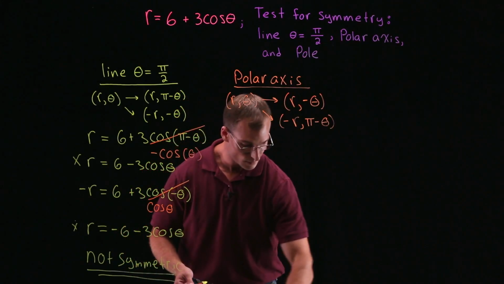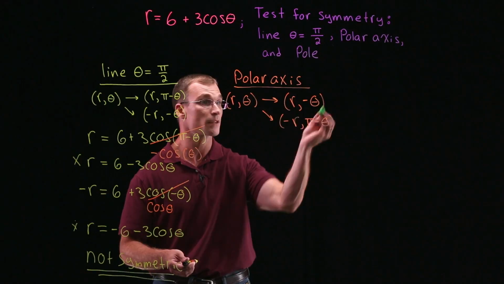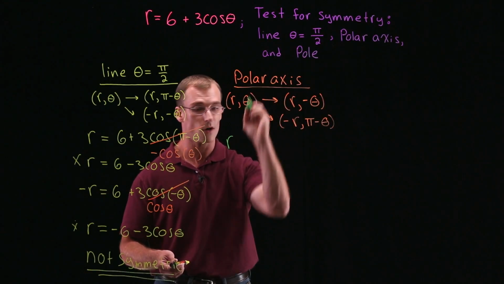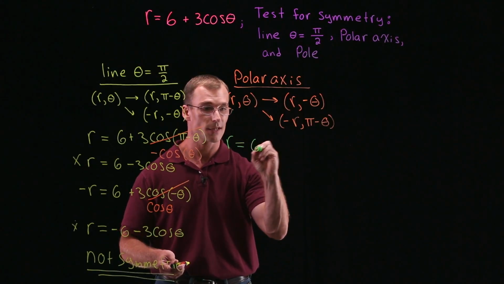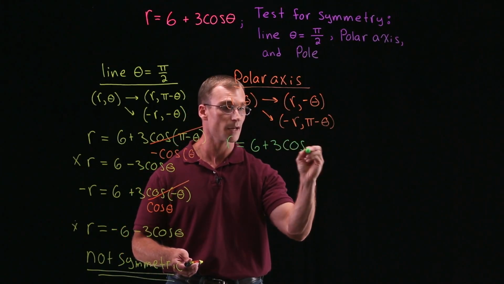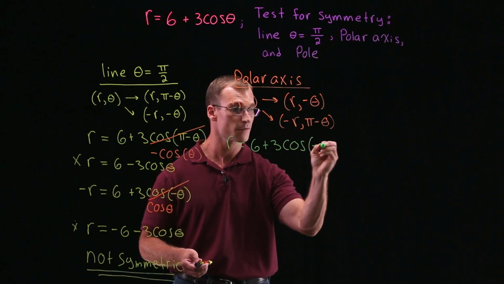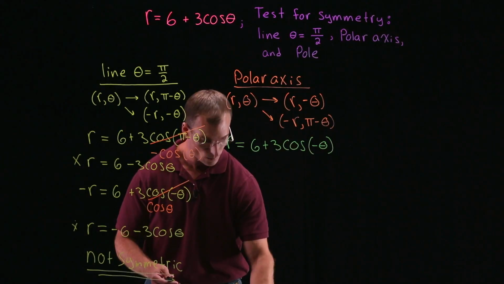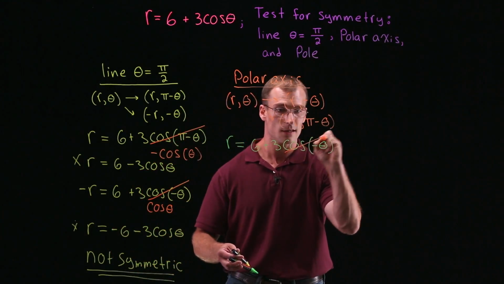Making the first substitution, we have r equals 6 plus 3 cosine of negative theta, which, as we just said, is even.